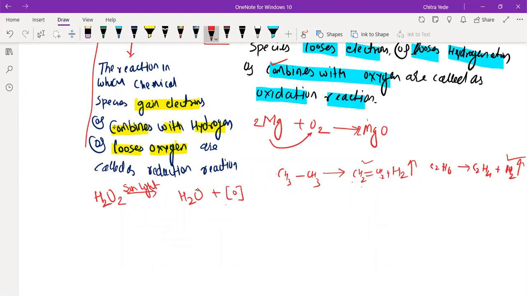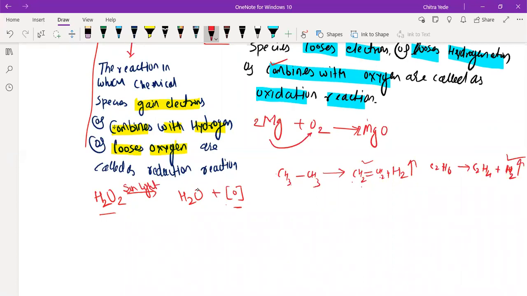Such oxygen atoms are represented inside square brackets. So here the reactant loses an oxygen atom, means it is the reduction reaction.